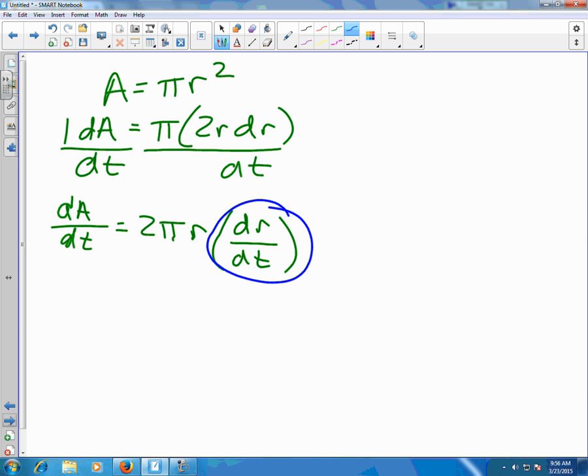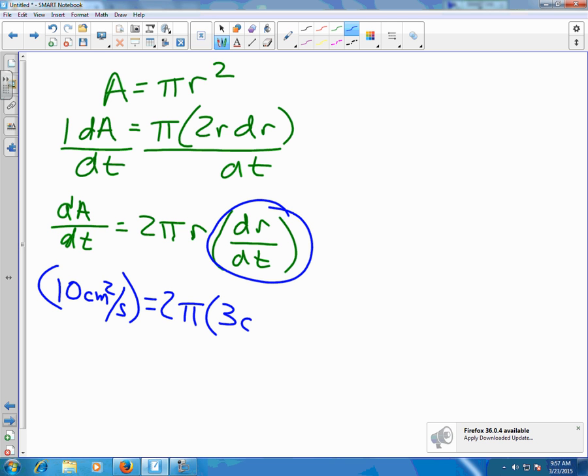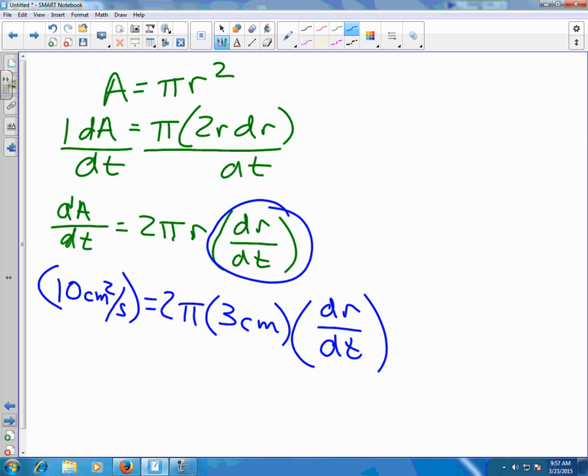But we know that the change in area over time is 10 centimeters squared per second, and that's equal to 2 pi times the radius, which was just 3 centimeters. That's given to us in the problem. Times dr over dt, which is what we're looking for. And so to solve for dr over dt, we just take 10 and basically divide by 6 pi.